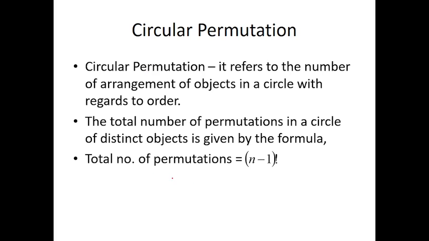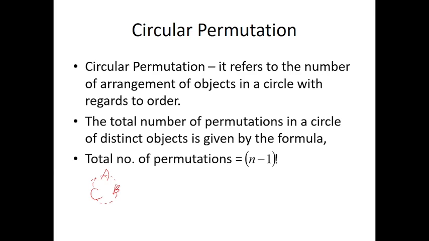So to give you an example, no? So if I have three letters, A, B, and C, naka-circle sila. Okay? So ano lahat ng possible arrangement yan? Let's say, person A, person B, person C. Okay?